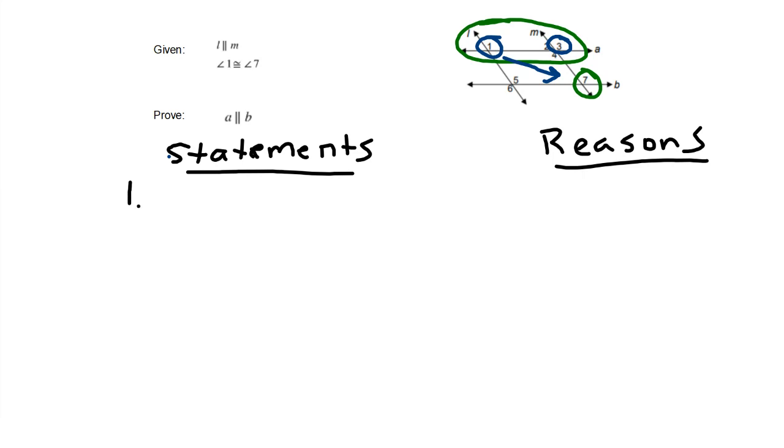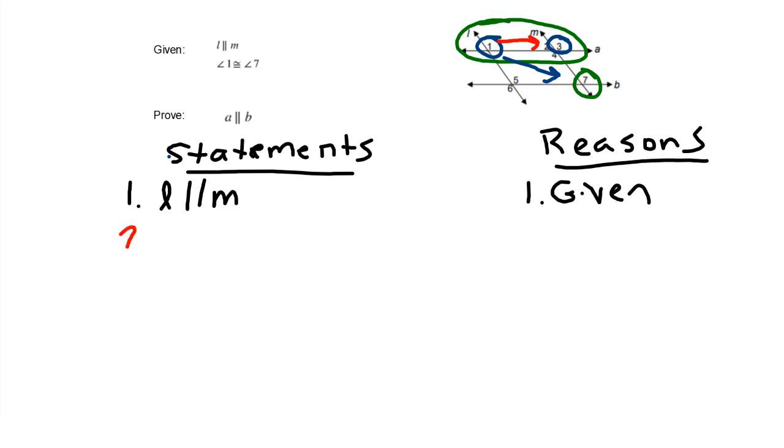Well, I have to start with something that's given. I can't do anything unless I use something that I know is true. So I know that L is parallel to M, and that was a given piece of information. So there's given. All right, now based on that given, that's where we got these two were congruent to each other.